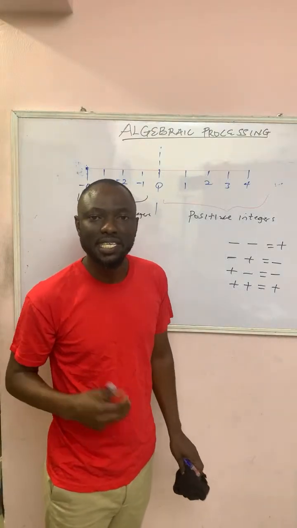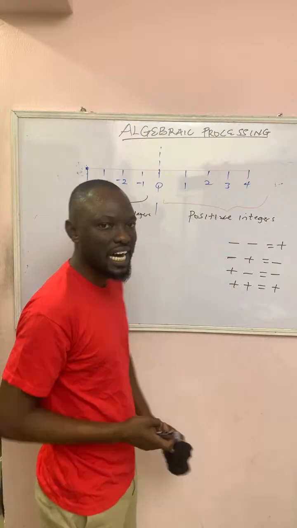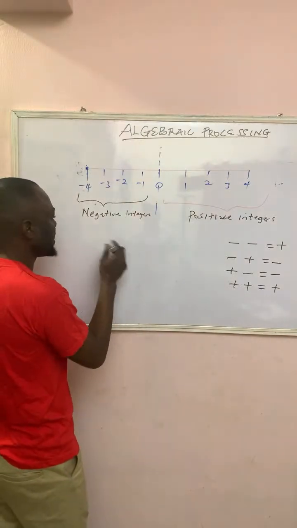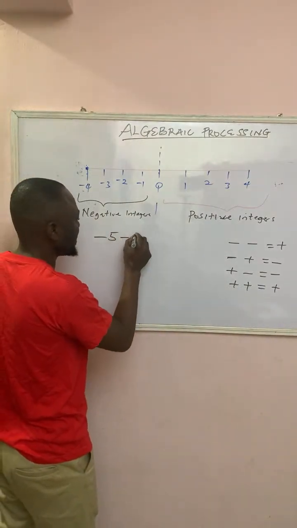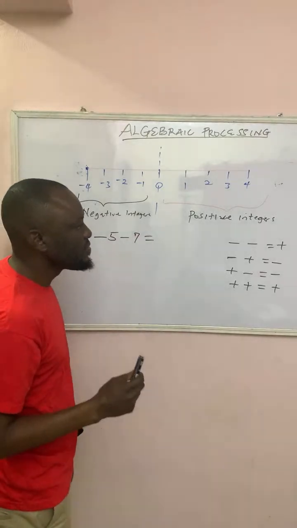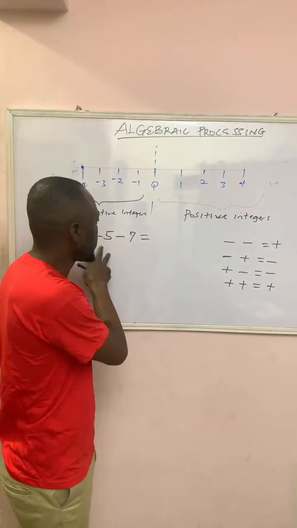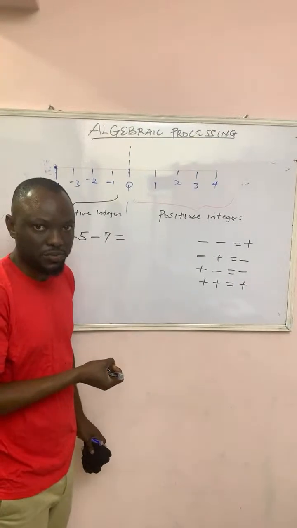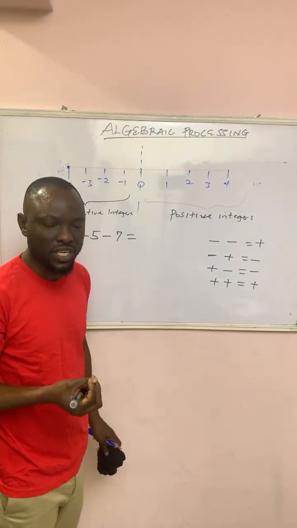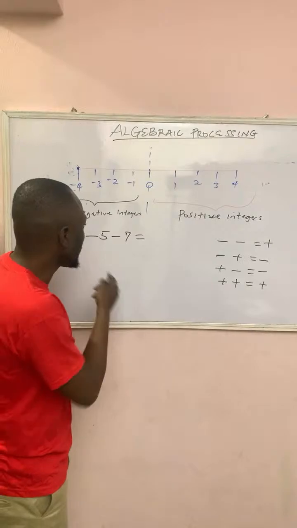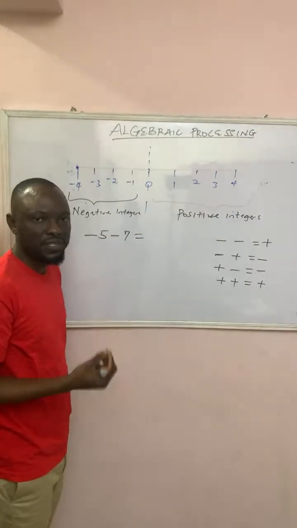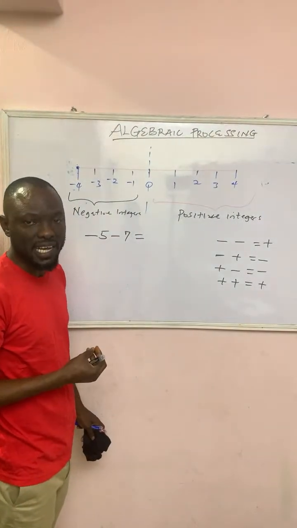Now let's see the application of these rules. If I have -5 -7, now this is for addition and subtraction. When you have -5 -7, the first thing you need to do is look at the signs.